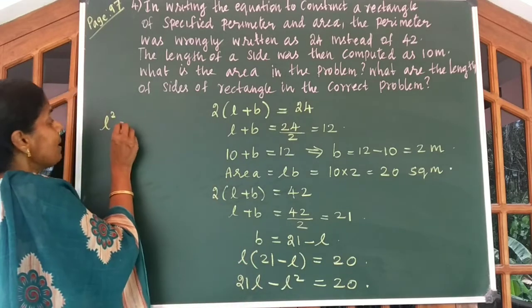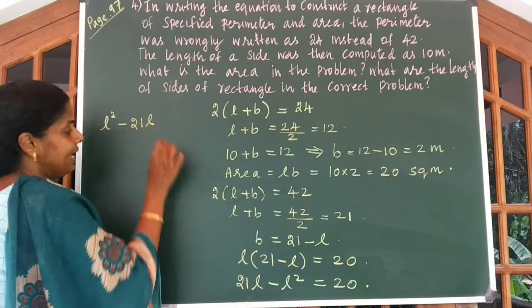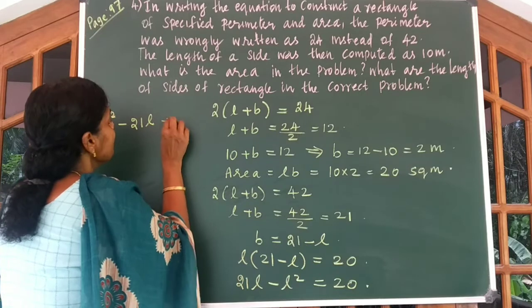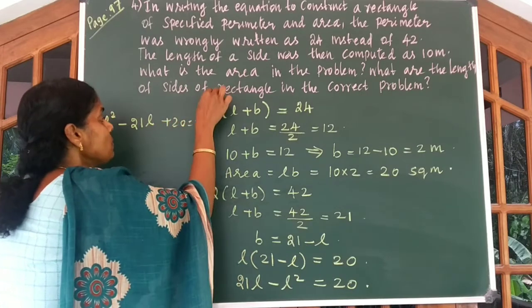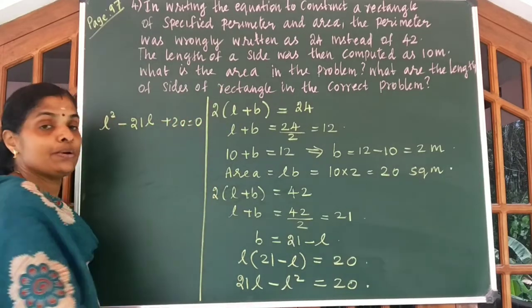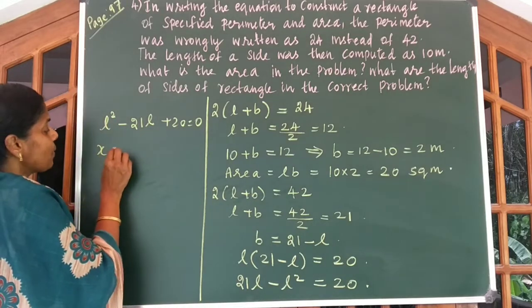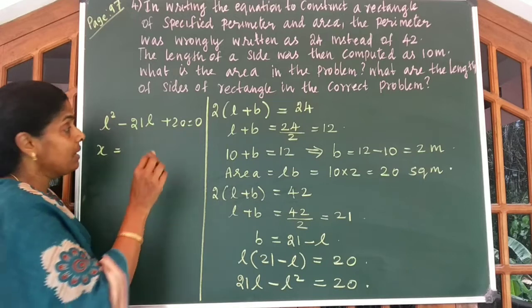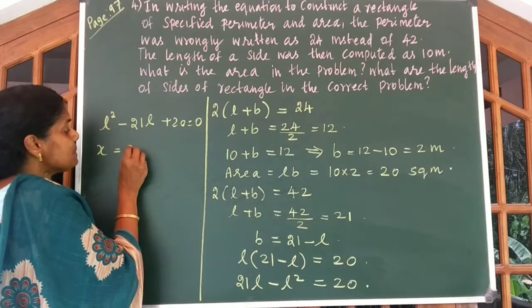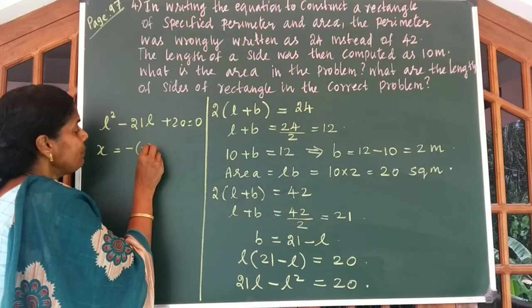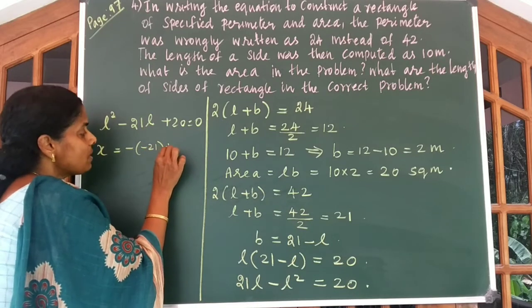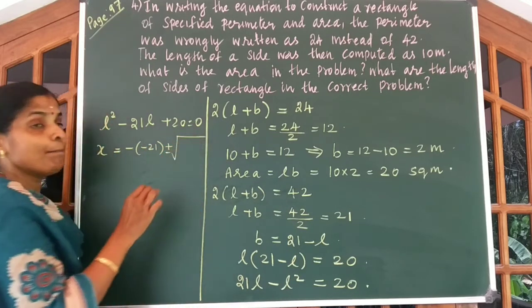21L becomes minus 21L plus 20 equated to 0. Now let us use our second degree formula. X is equal to minus B. For us, minus B is minus of 21 plus or minus root of B square.